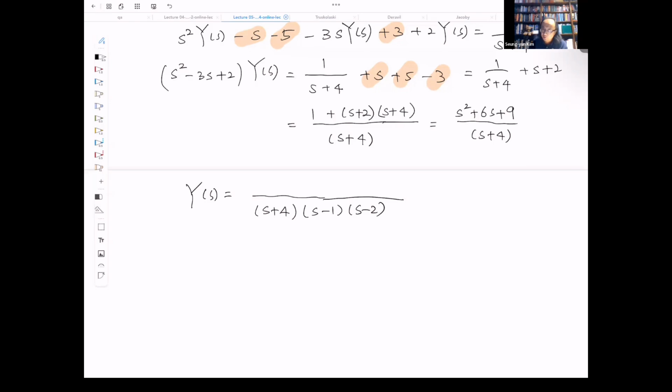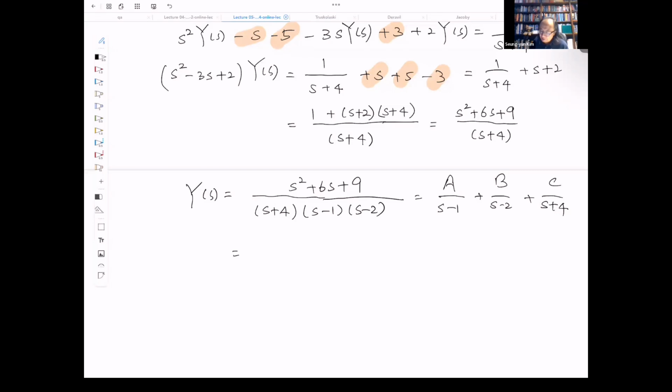For the numerator, we have s squared plus 6s plus 9. Now we need to do the partial fraction: A over s minus 1, plus B over s minus 2, plus C over s plus 4.